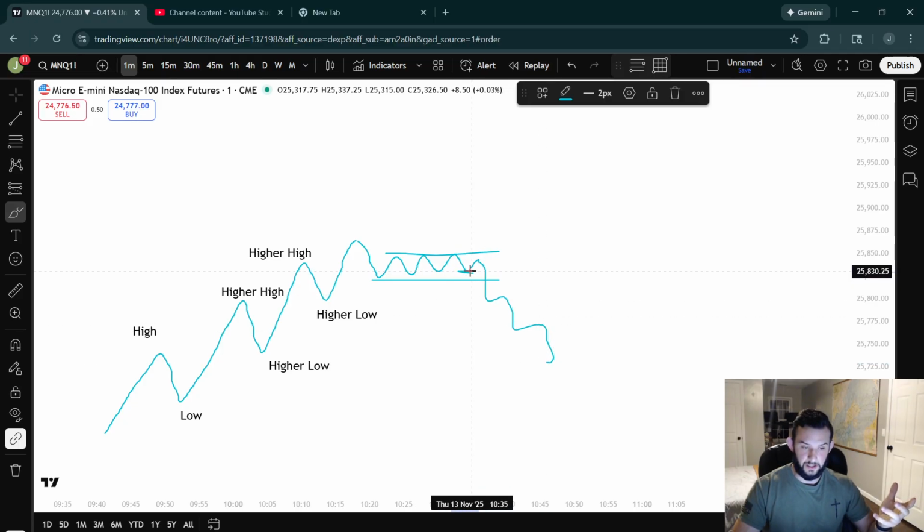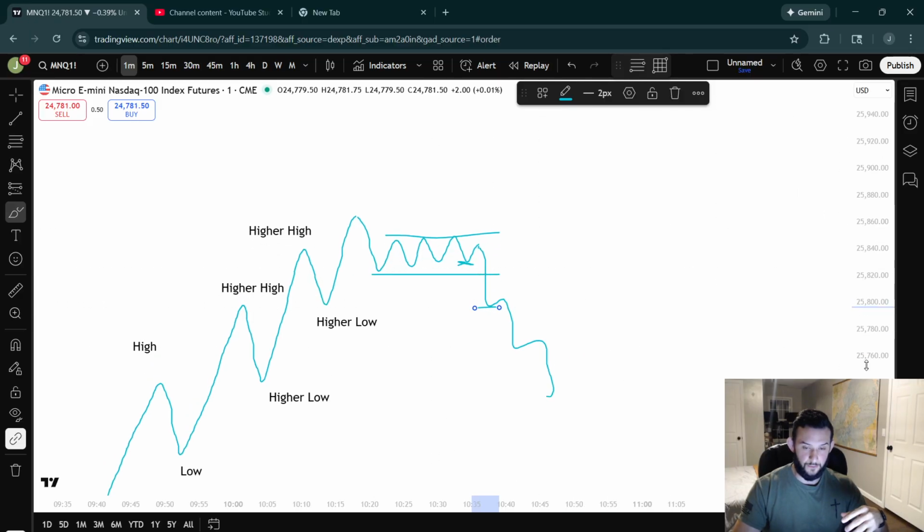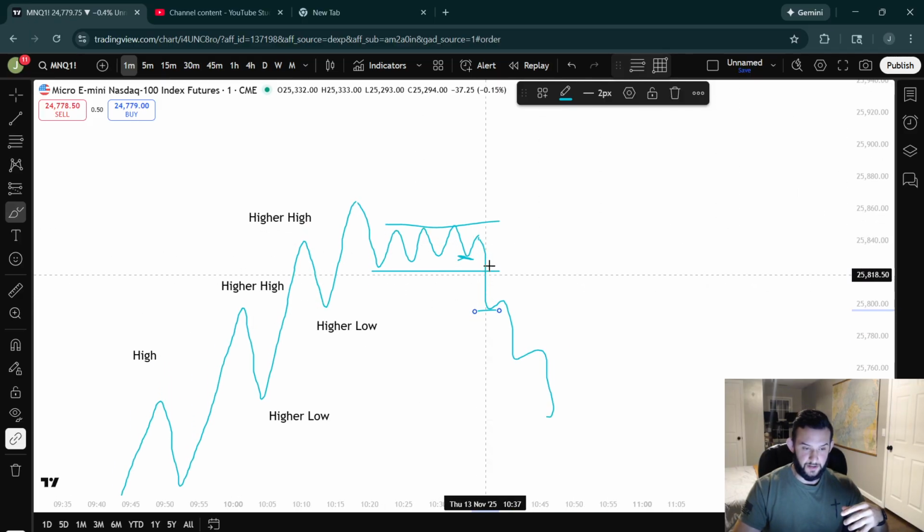Well, there's a low right here, and we finally break out of this range and start going into a downtrend, where we form a lower low than this previous low. So how do we determine this? We have candles here. Of course, I'm using lines, but once we have a close beneath the previous low, we have a break of structure. It could be right here where we have another low, but this is the lowest low.